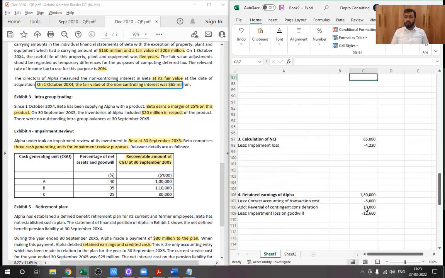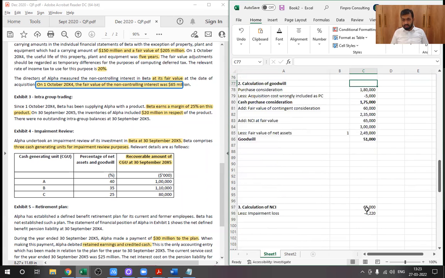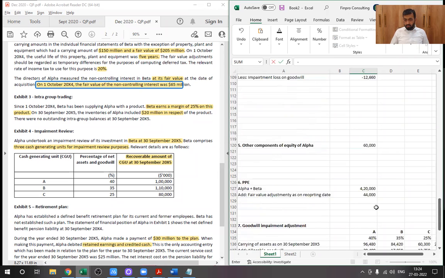You have utilized this information. One more information we have to utilize is the second impact on goodwill: less impairment loss. You'll have to consider this.